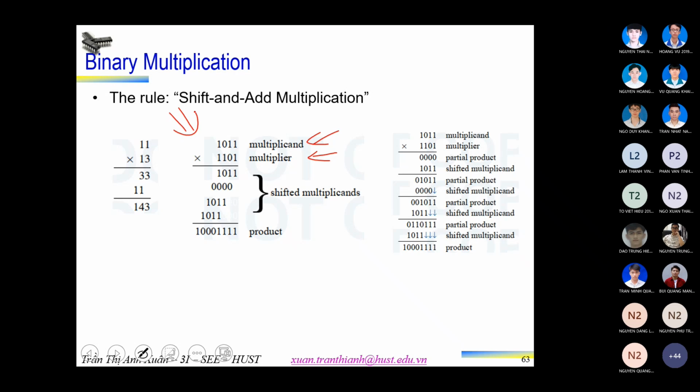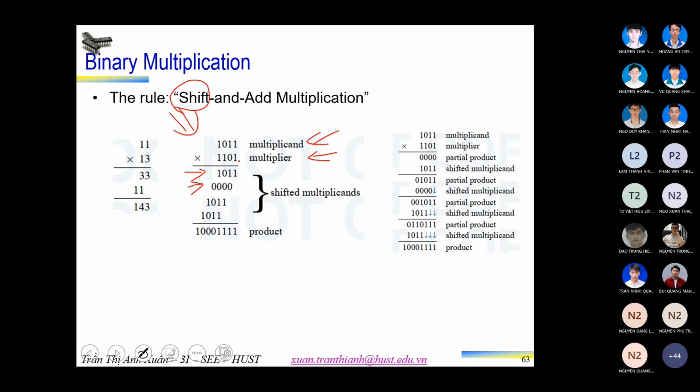First we check each bit of the multiplier, and then multiply it with the multiplicand, and the result we write here. We write it at the position corresponding to the position of the bit on the multiplier. This is the shift operation here.